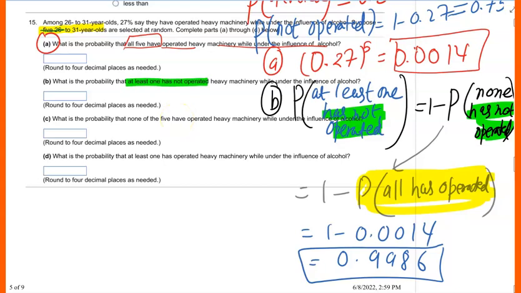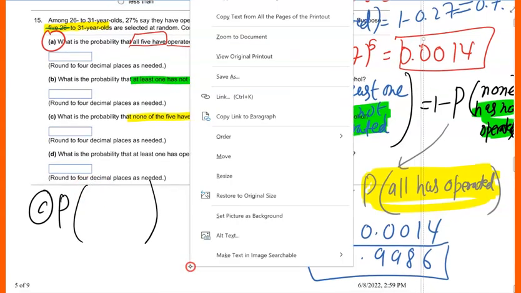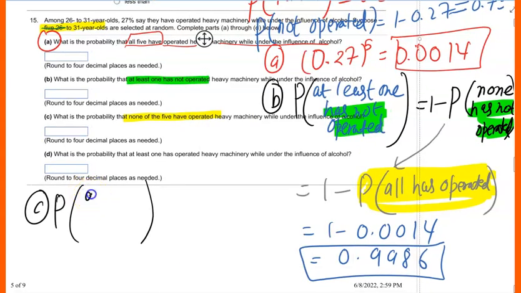Part C, what's the probability that none of the 5 have operated? None of the 5 have operated means what? All 5 have not operated, right? All 5 have not operated.